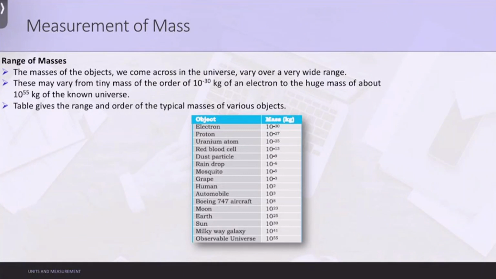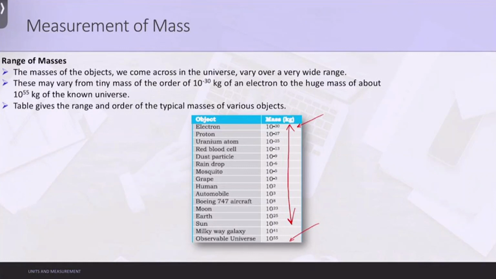Okay, so range of masses. As we understood the concept of range earlier, similarly we are understanding the range of masses. The mass can vary from 10^-30 kg to the observable universe at 10^55 kg. That is the range of your complete mass. Okay, so the masses of the objects we come across in the universe vary over a very wide range, quite evident.